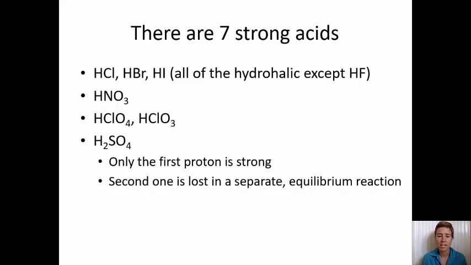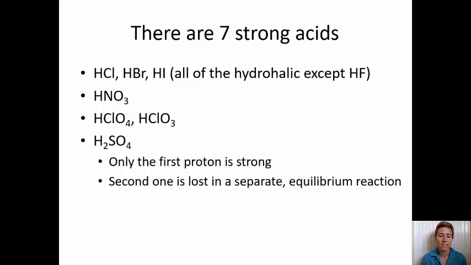Then nitric acid, and then the 2 chloric acids: chloric acid, which is HClO3, and perchloric acid, HClO4, not chlorous or hypochlorous. Those are weak.